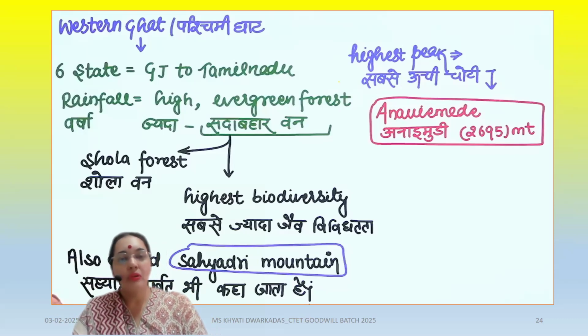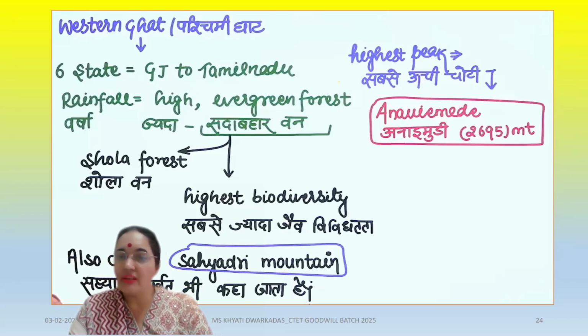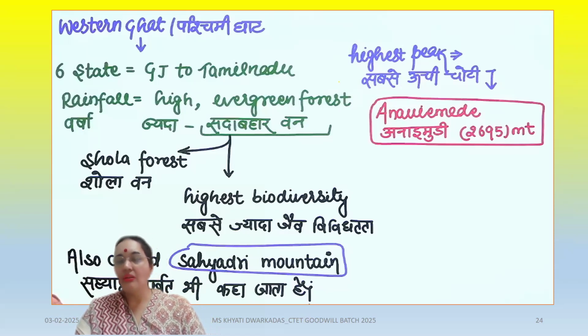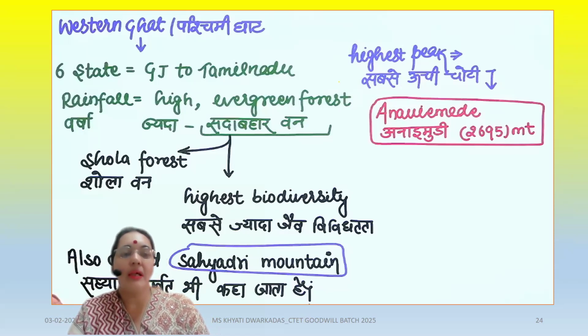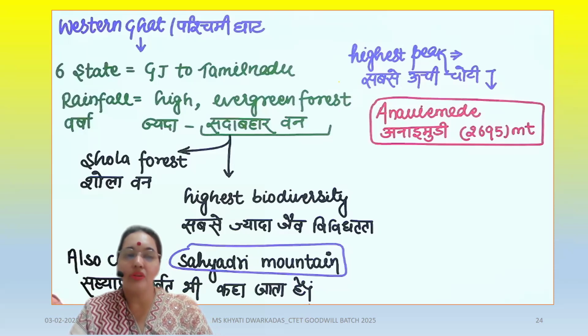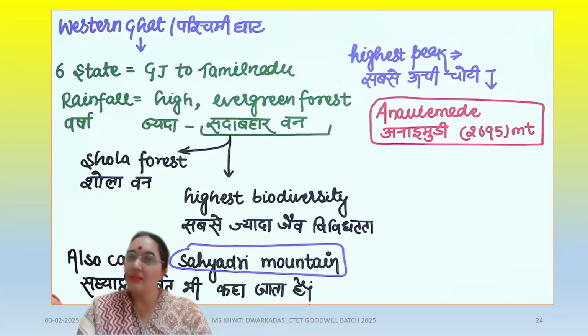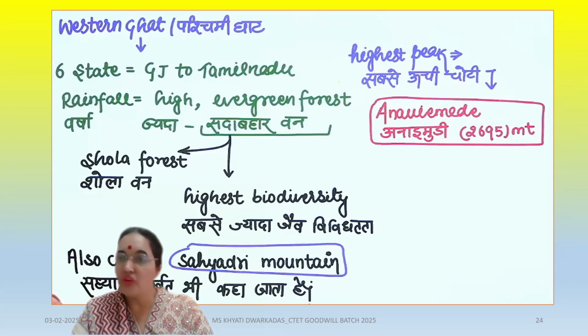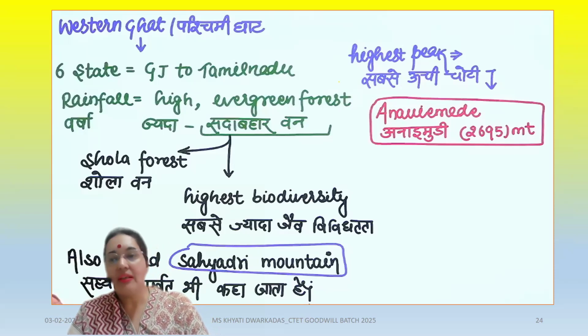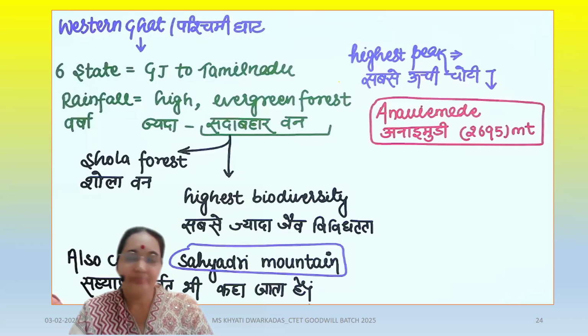They are home to the evergreen forest, which in Hindi they call Sada Bahar Van. The forests are called shola forests. They are very high in biodiversity. The mountain ranges of the Western Ghats that go through Maharashtra are also famously called the Sahyadri mountain range.